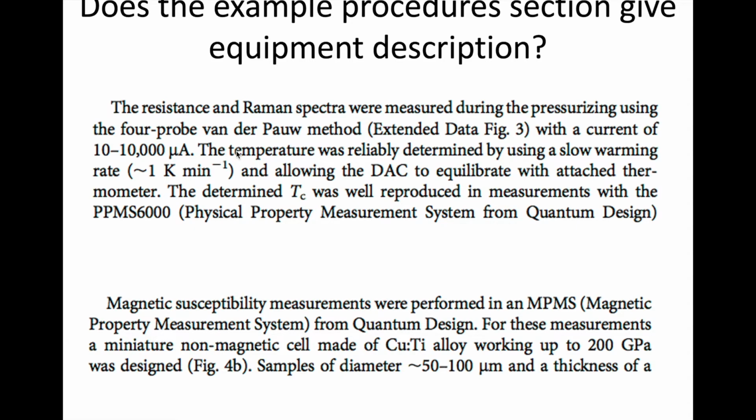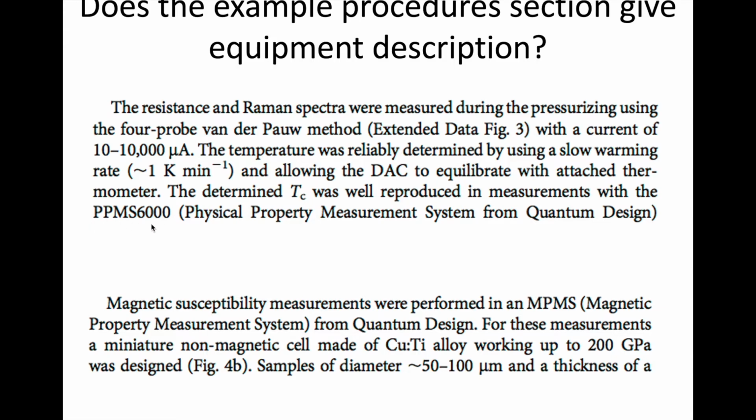That's the method, and that can also be the equipment that's used, and they tell you the currents used, all that, and they mention the specific equipment the measurements were taken with.